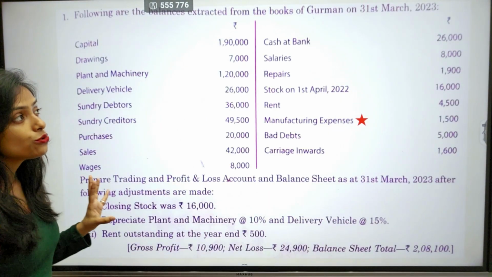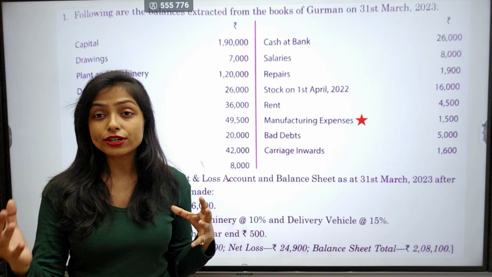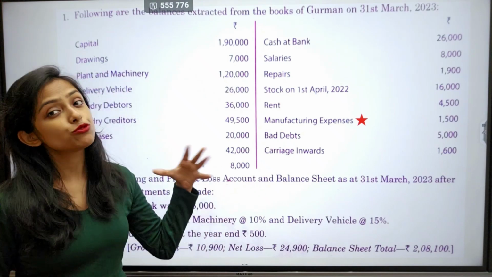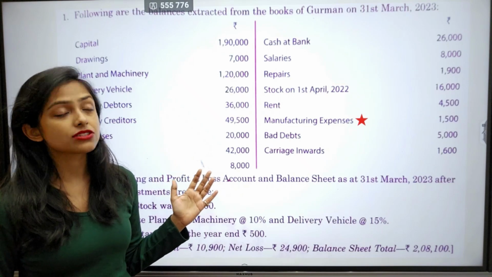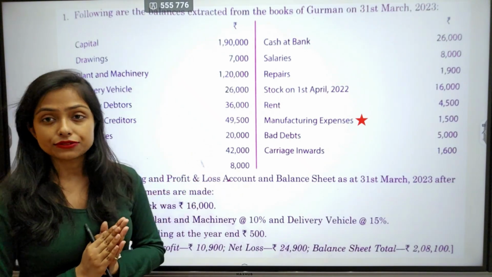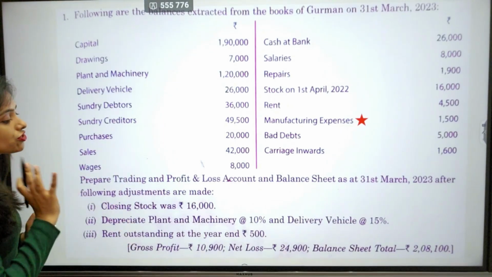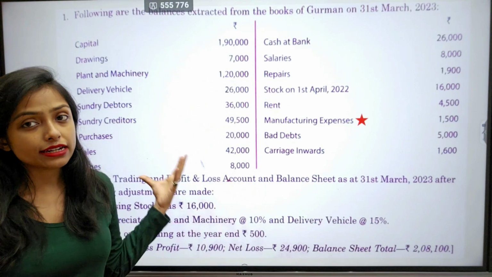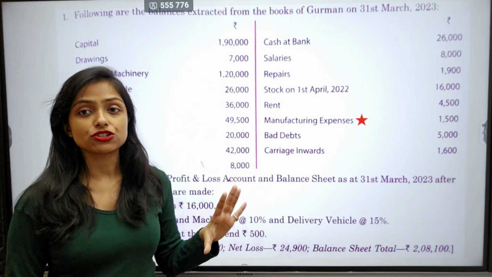As I've already told you, do not expect to go into a lot of details because the concepts I'm not covering over here. I'm just going to tell you the treatment of all the items. So let's start this video. In question number 1, I am going to solve the whole question for you right from the trading account till the balance sheet matches.